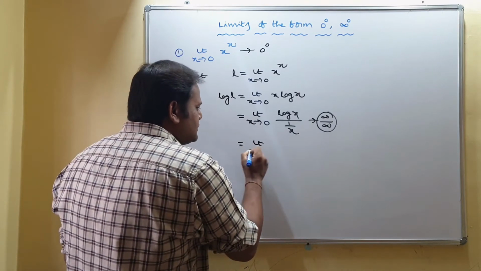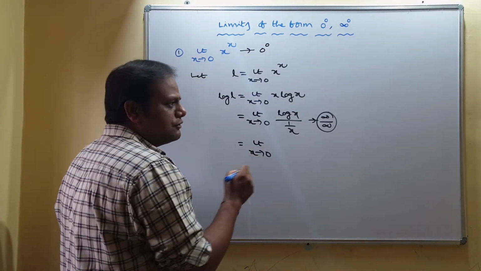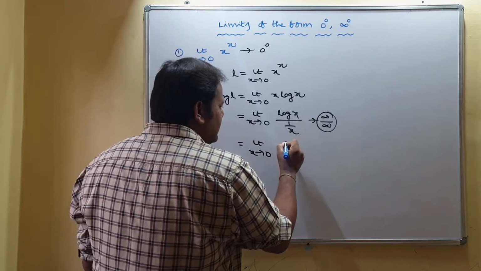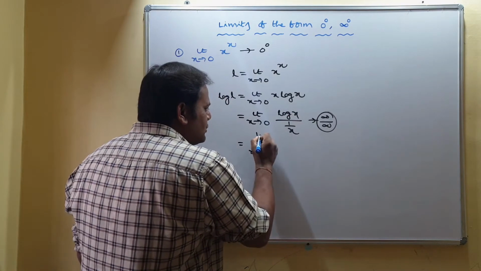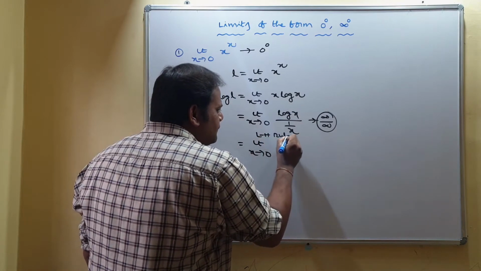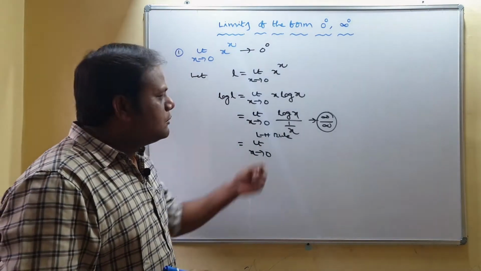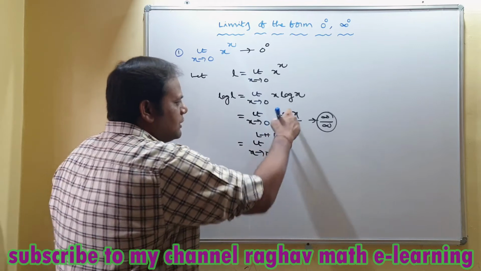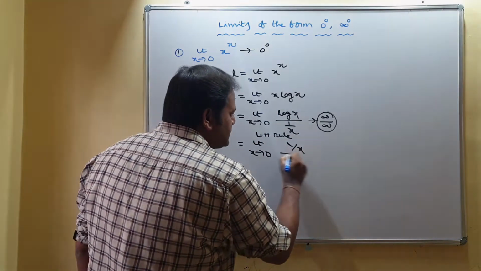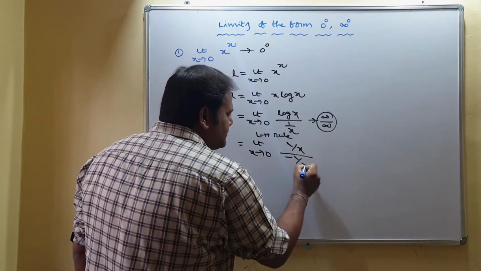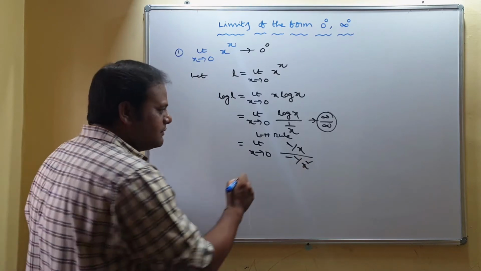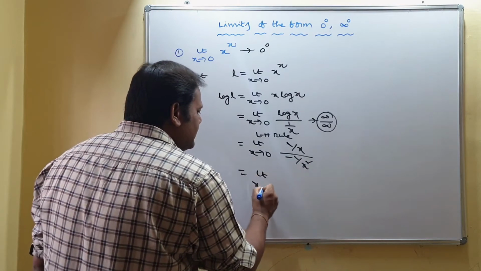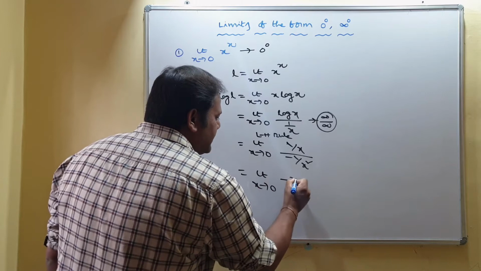Then what we get, you see, limit x tends to 0. So here, derivative of log x. You know that in L'Hospital rule, we take derivatives of both numerator and denominator separately. Is it? So derivative of log x is 1 by x. Derivative of 1 by x is minus 1 by x square. Is it? Now this is limit x tends to 0 of minus x.